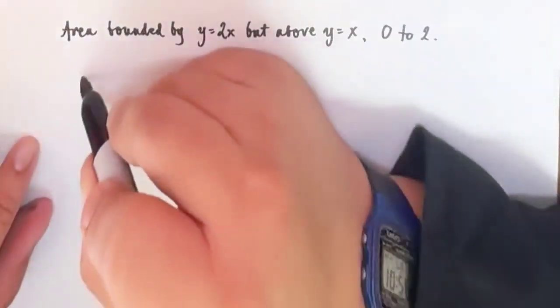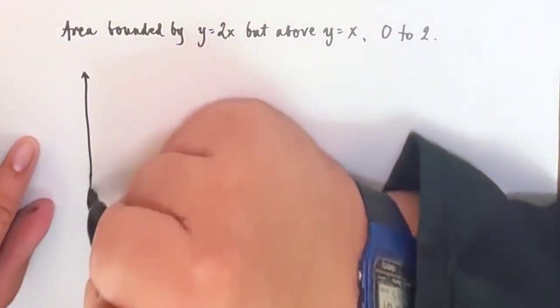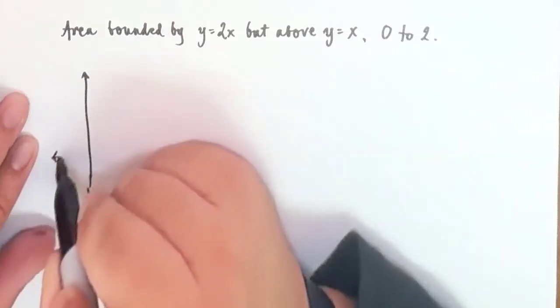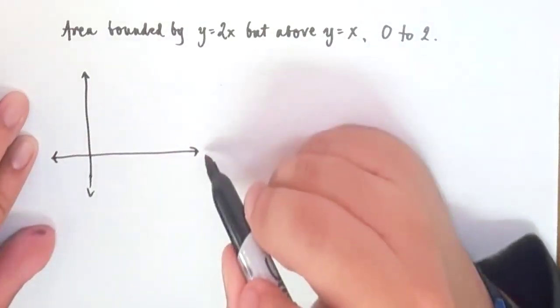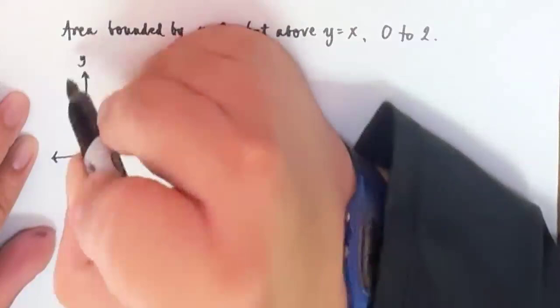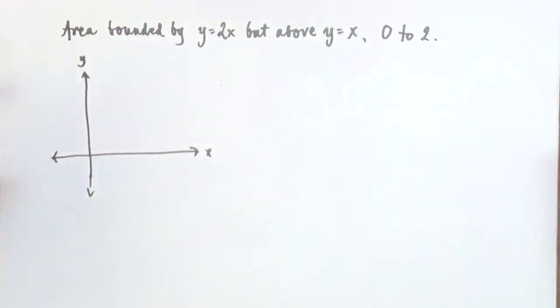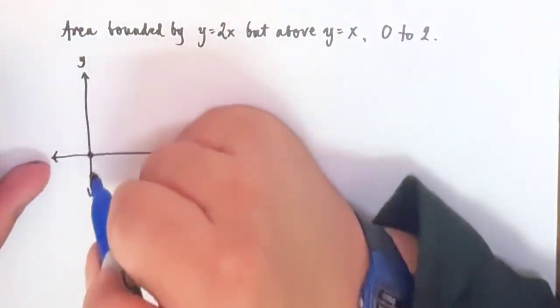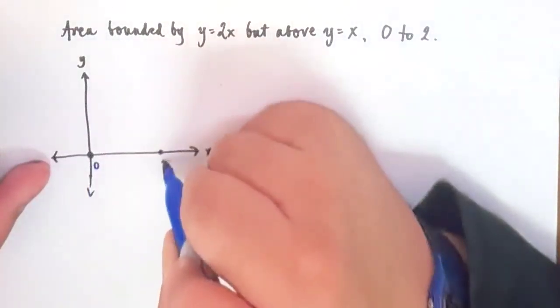So if we graph that, this is x, this is y. It's a graph from 0 to 2 still.